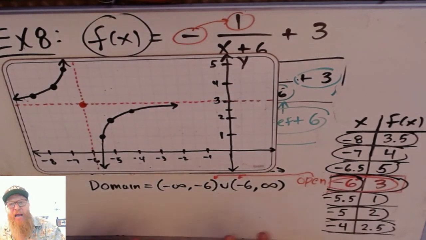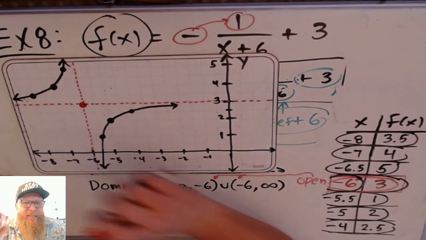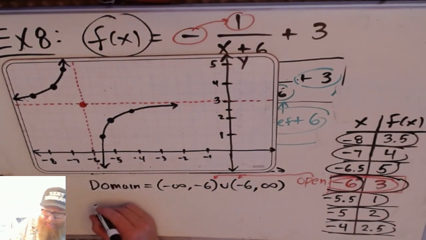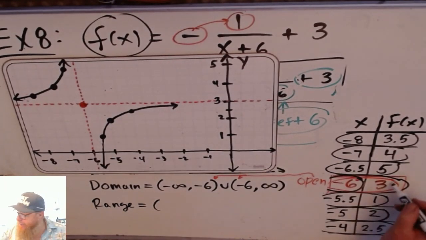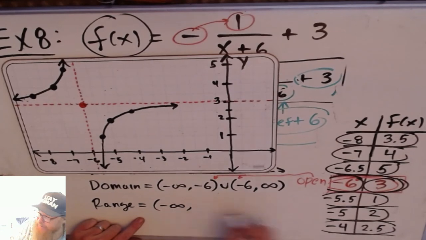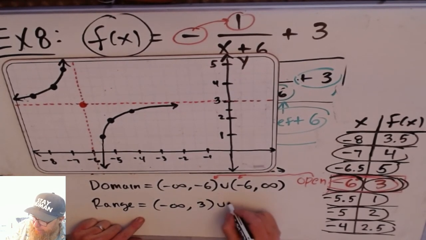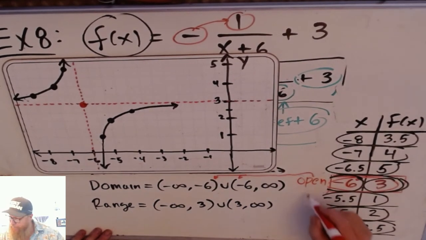It means you're not actually touching negative 6 because you can't touch something that does not exist. Right? You can't put a dot at a point that doesn't exist. In the range, same thing, just look at the y value and make that does not exist. So the same idea.